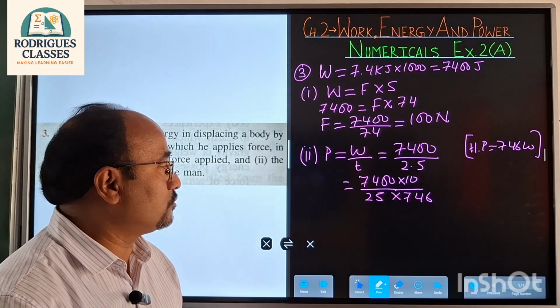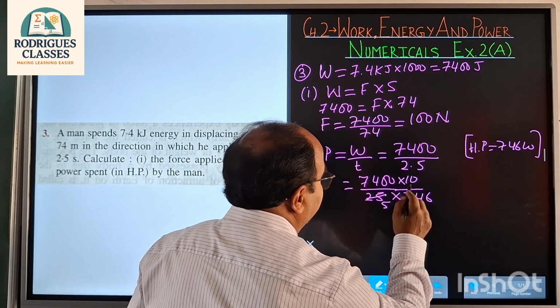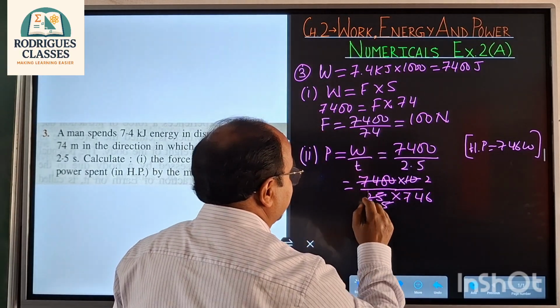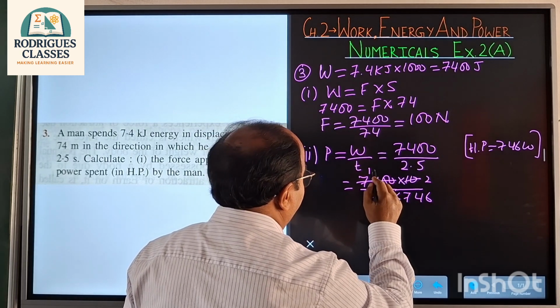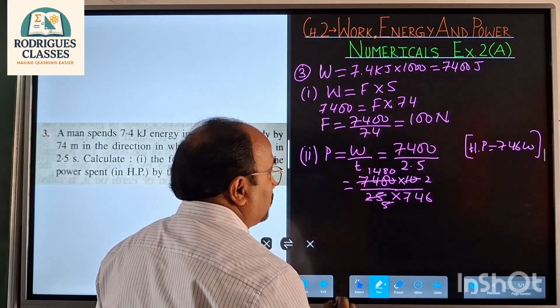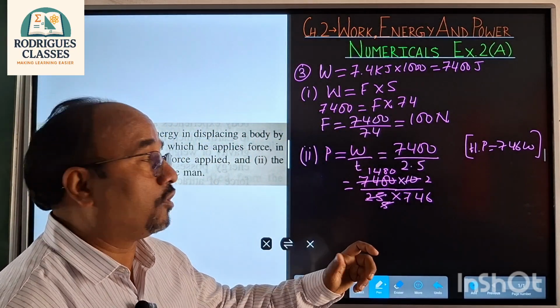Now we can reduce whatever we can reduce over here. Okay, 5 5s are 25, 5 2s are 10. With 5 I will cancel this, then 5 1s are 5, 5 4s are 20, 5 8s are 40, 0. Okay, so now with this 746, we have to solve it with 2.